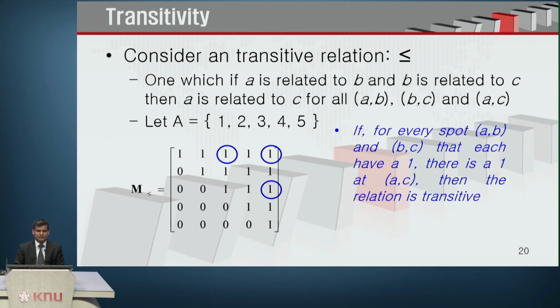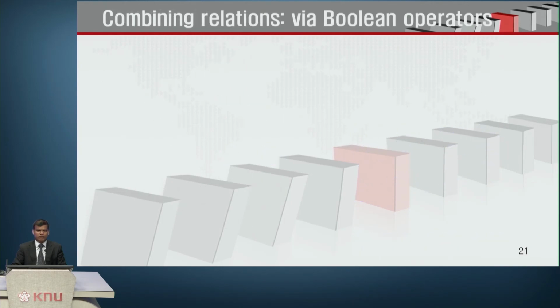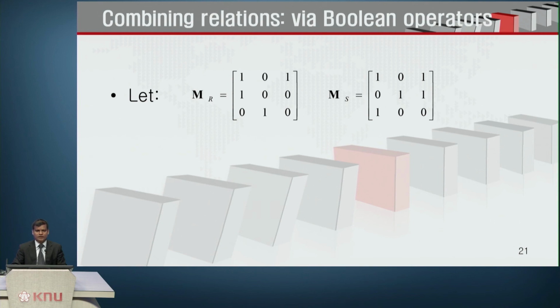Looking at a matrix, this matrix doesn't really show the relations properly, unlike other properties. So let's see further how combining relations via Boolean operators can work.